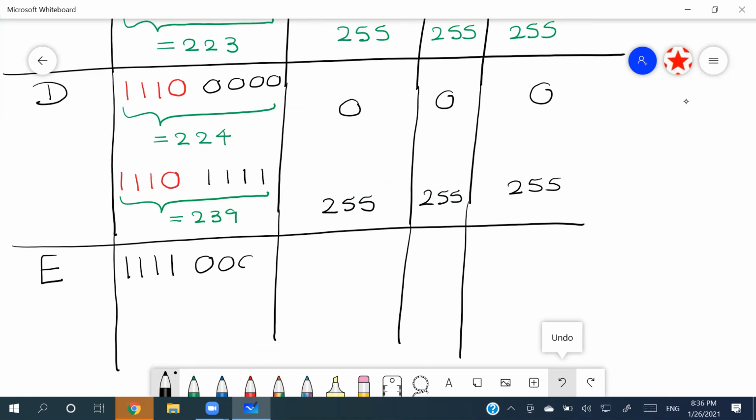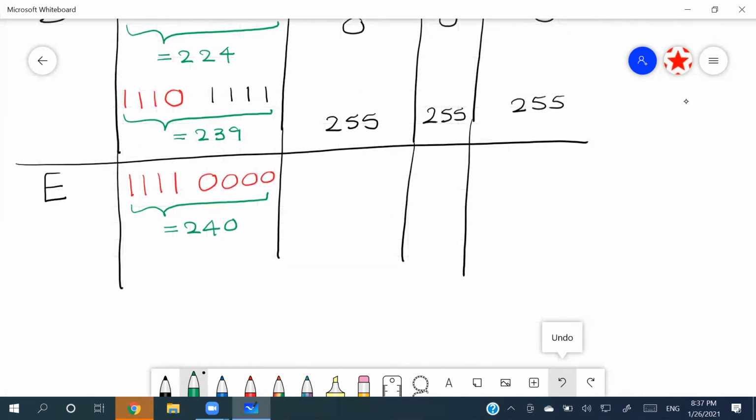And other bits can stay as 0, which gives you 240, and the most value is going to be 1111 and 4 ones, which is going to give you 255.